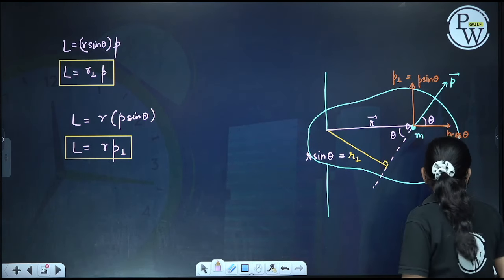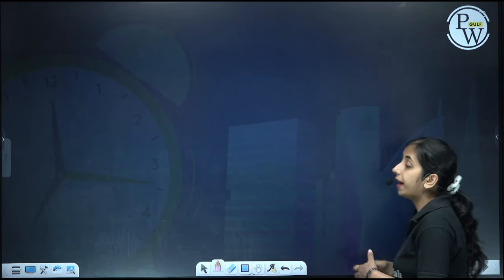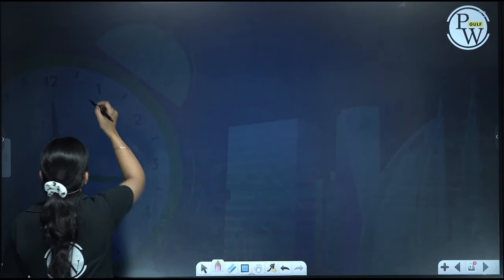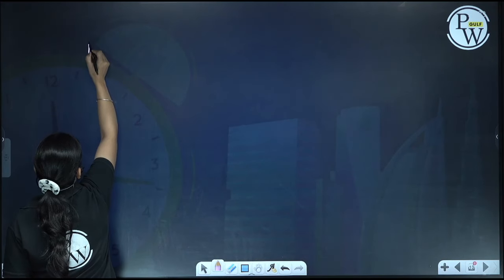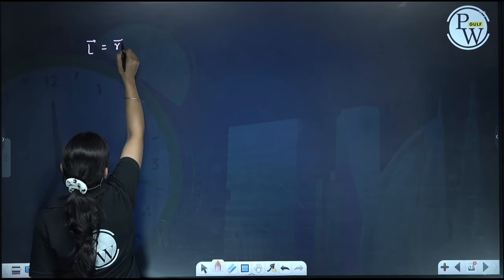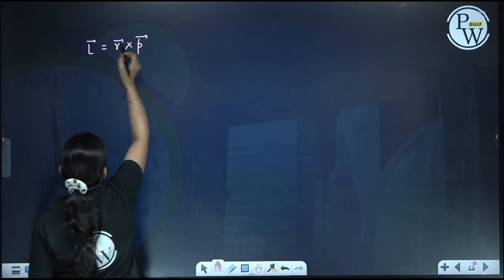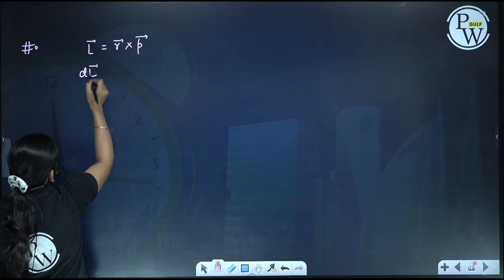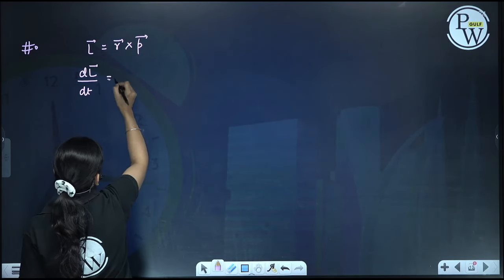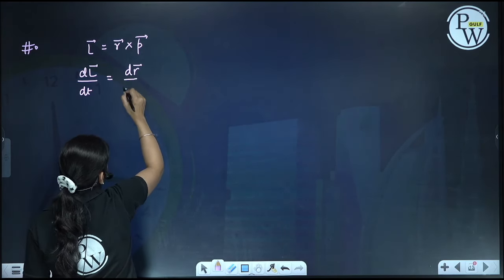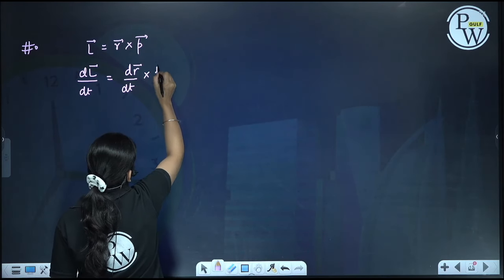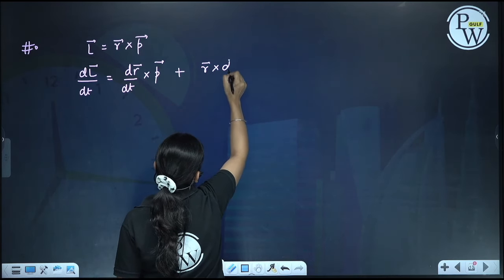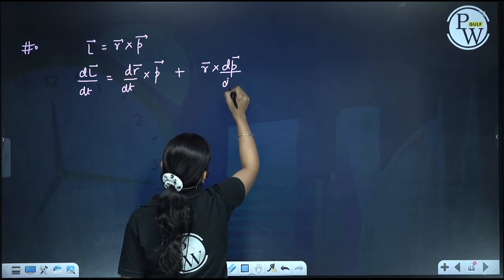Okay. Now as we have studied angular momentum and torque, what is the relation between the two? Now see, angular momentum is equal to R cross P vector. Now calculate dL by dt. Differentiate it, you will get dr by dt cross P and you will get R cross dP by dt. Okay.